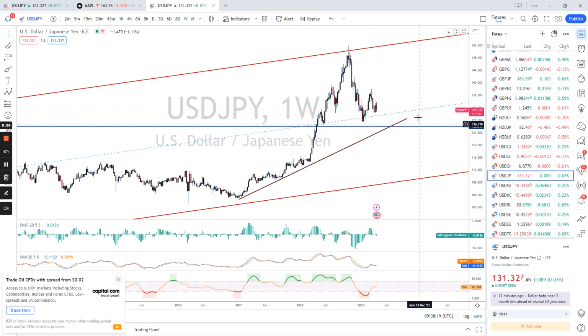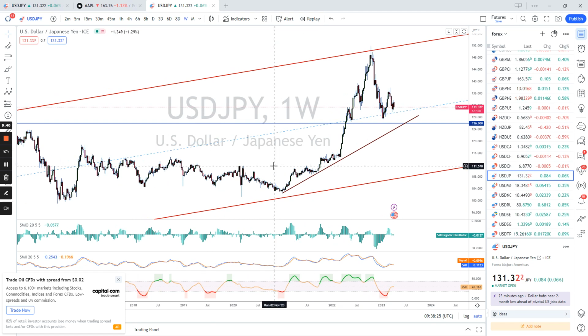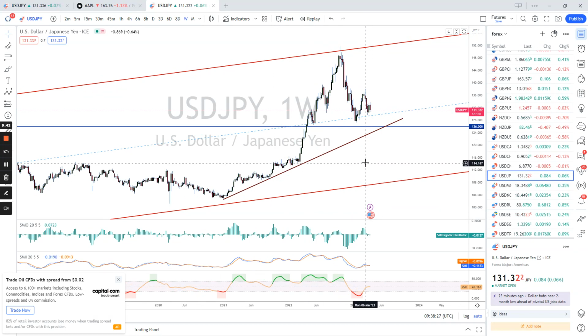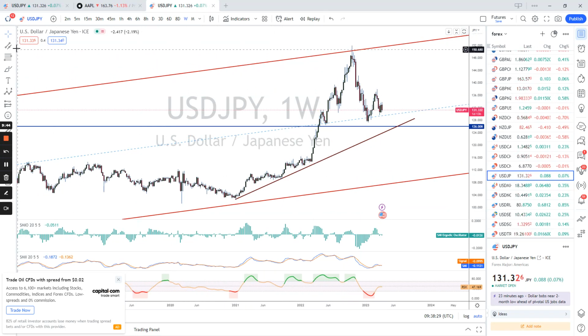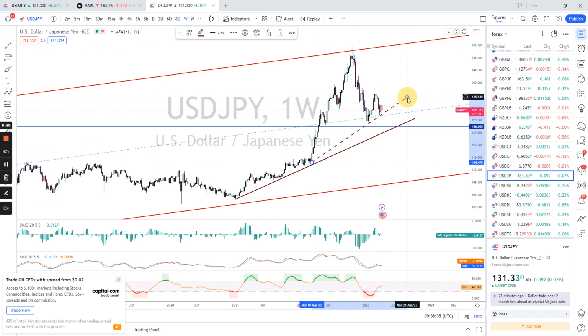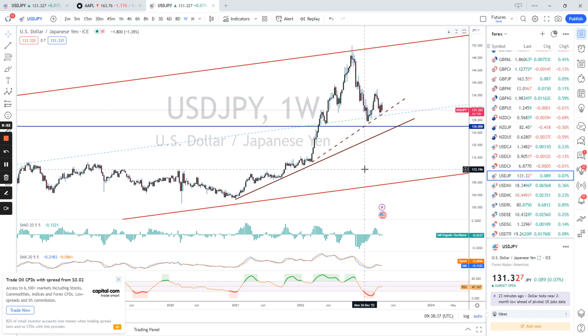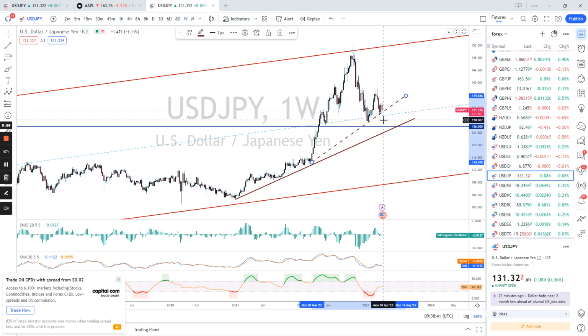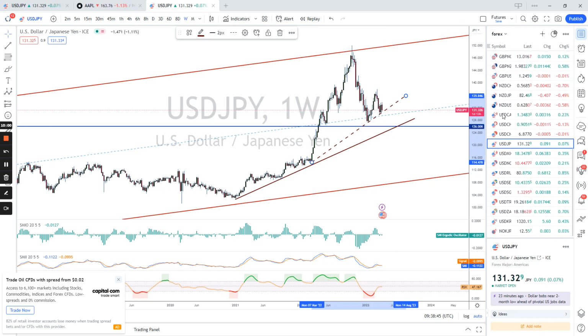So this will be the strongest point of the second quarter. Pay attention to that. You also have a short-term uptrend line here, and the breach below would lead definitely to 126.